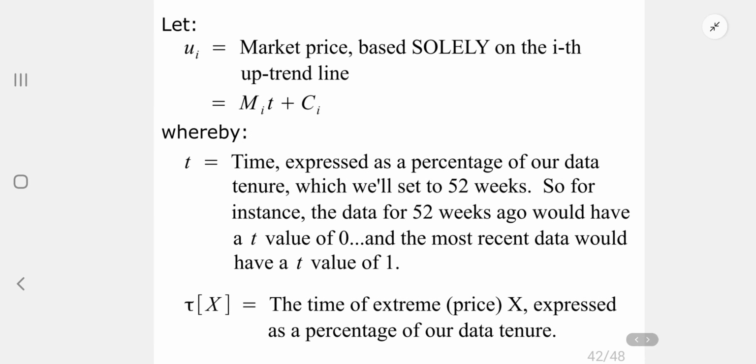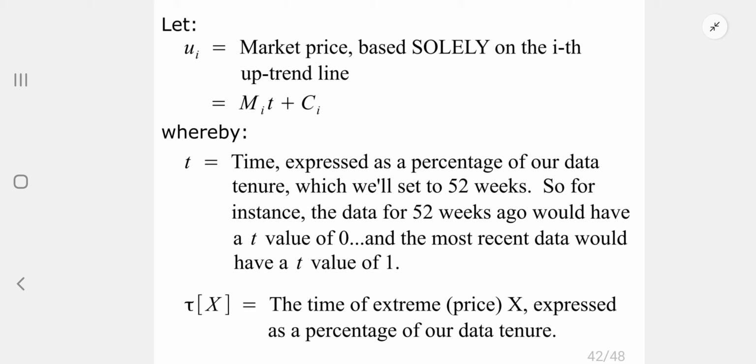Let Ui equal market price based solely on the ith uptrend line, which equals big Mi times t plus big Ci, whereby t equals time expressed as a percentage of our data tenure, which we'll set to 52 weeks. So for instance, the data from 52 weeks ago would have a t value of 0, and the most recent data would have a t value of 1.